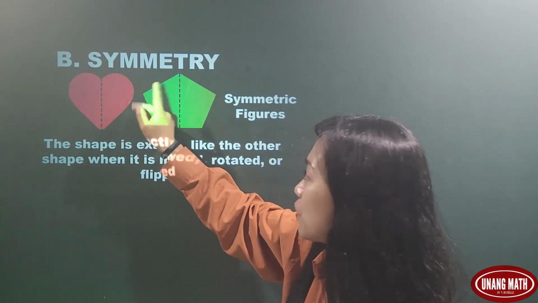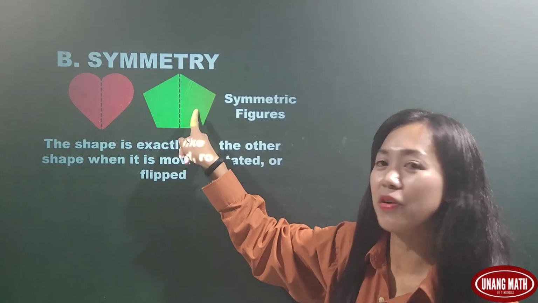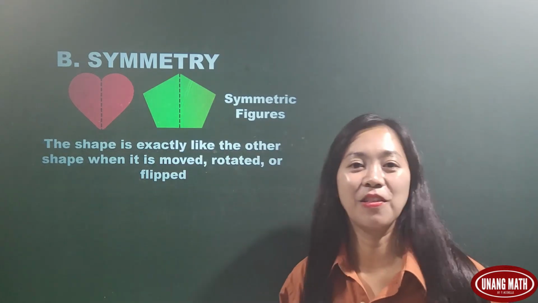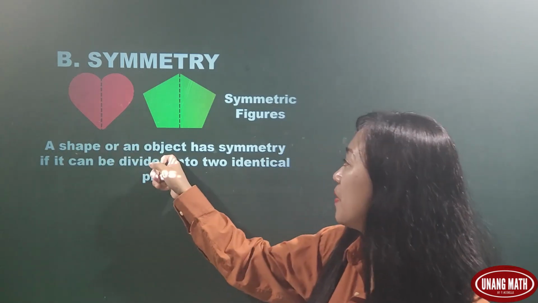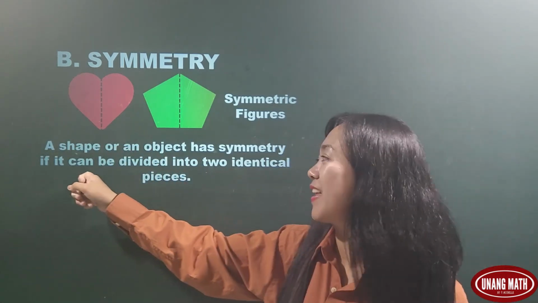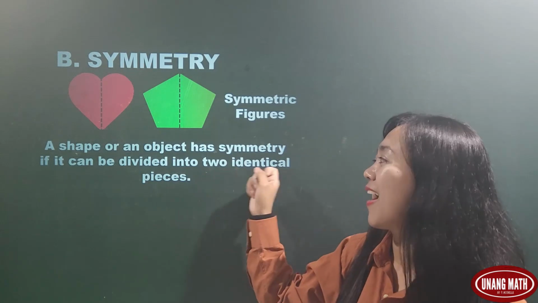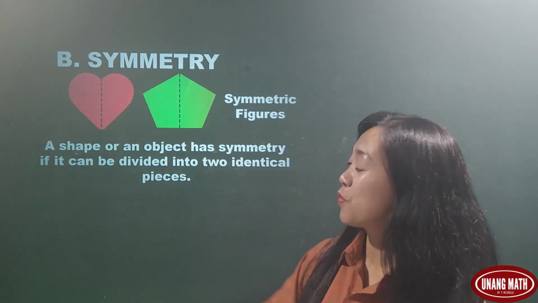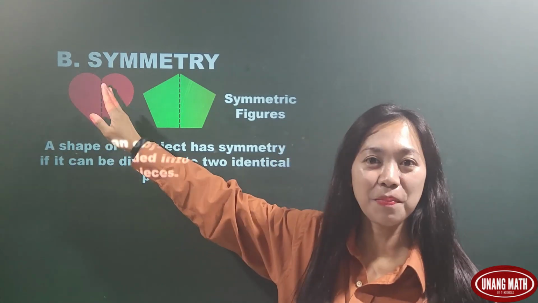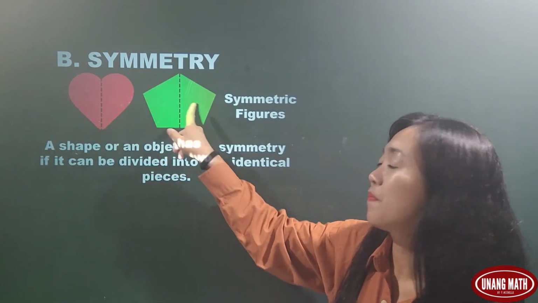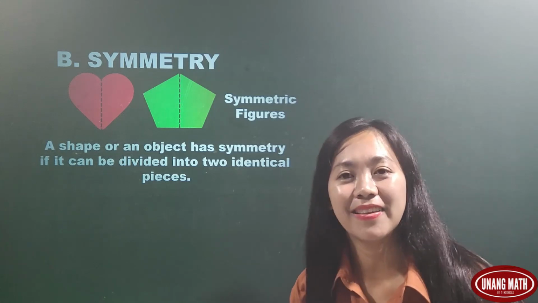So this part also sa figure na ito ay mirror image din ng part na ito. Okay, so a shape or an object has symmetry if it can be divided into two identical pieces. So, pwede nating sabihin na ang part na ito ay identical lang sa part na ito. Ang part na ito ay identical din sa part na ito.